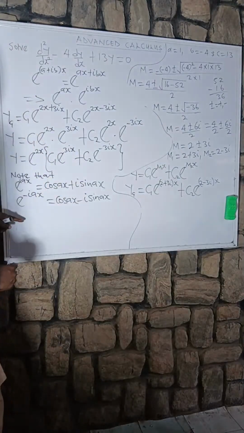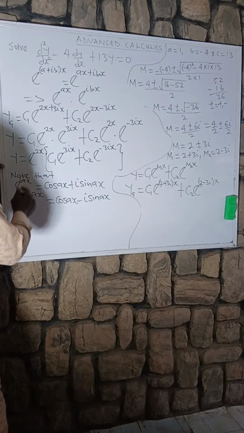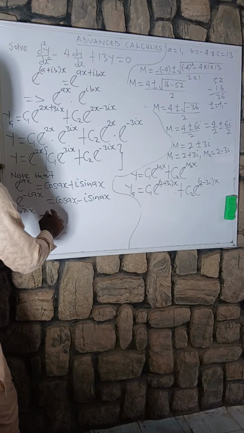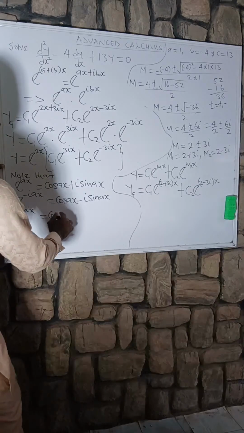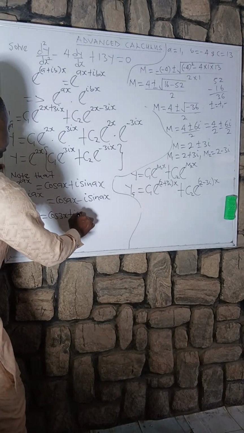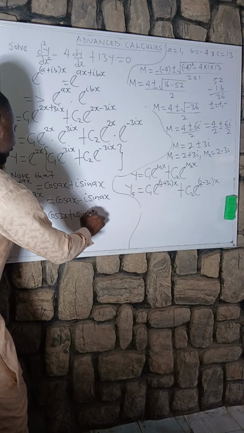So with this, since we have exponential 3ix, this will now be equal to cos 3x plus i sine 3x.